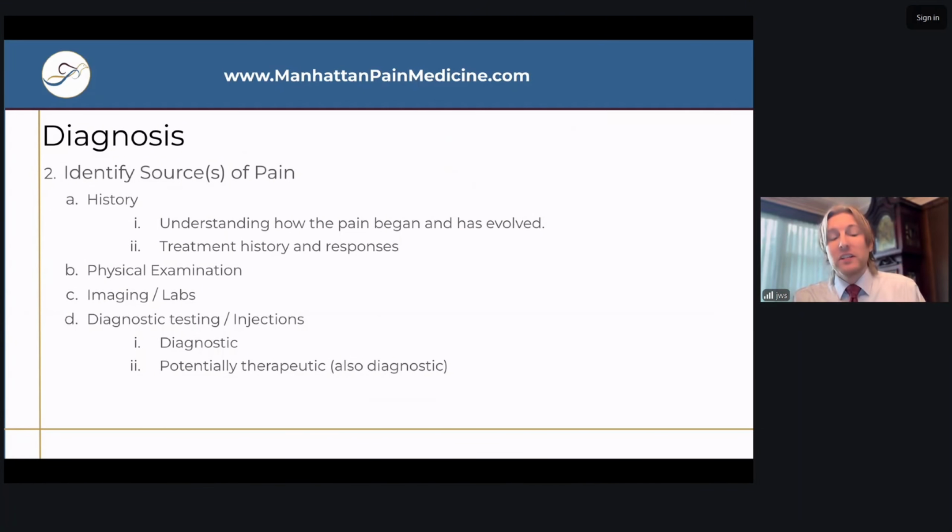So once we have a good sense of what's going on with the patient's body from the physical examination, that's when we will look at imaging and lab studies. And of course, most imaging is static, meaning it's not catching the patient in motion. Of course, we can do dynamic imaging, and I almost always do. If I'm imaging the neck, I will look for flexion and extension.